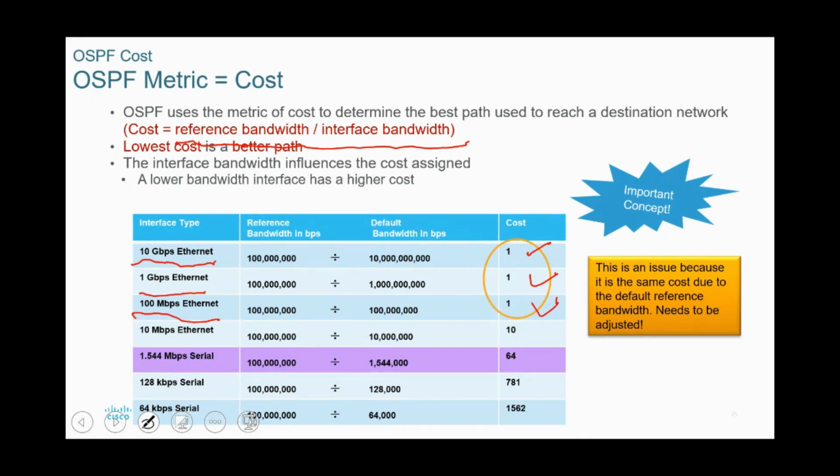So it's not fair, right? Because you are using high speed 10 gigabit Ethernet, but your metric is still the same as the 100 Mbps Ethernet. So this is an issue, because of the same cost due to the default reference bandwidth. So you need to adjust this method.